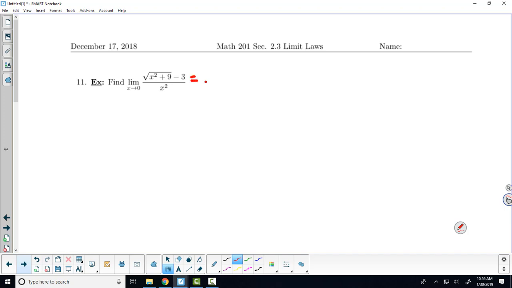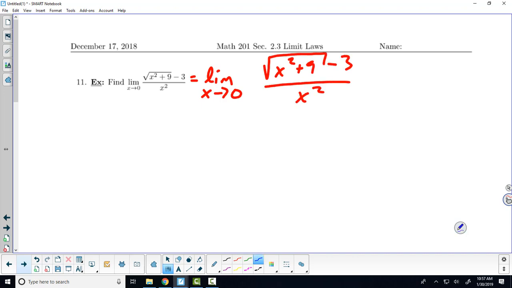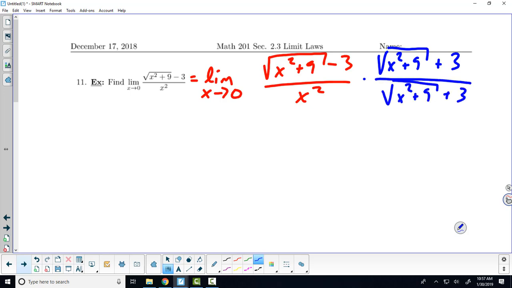So the trick here, when you have an expression that has a sum or difference involving a square root, is to multiply the numerator and the denominator by the conjugate of that expression. So we're going to take the limit as x approaches 0 of the square root of x squared plus 9 minus 3 over x squared, and I'm going to multiply to that the square root of x squared plus 9 plus 3 all over the square root of x squared plus 9 plus 3.